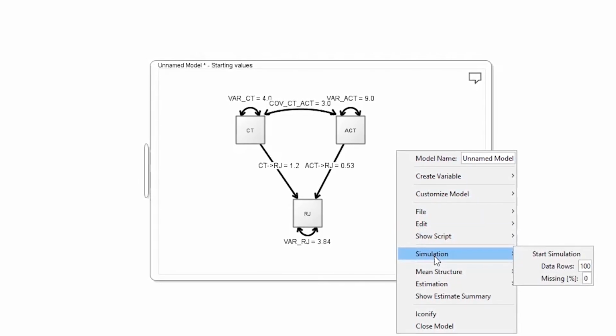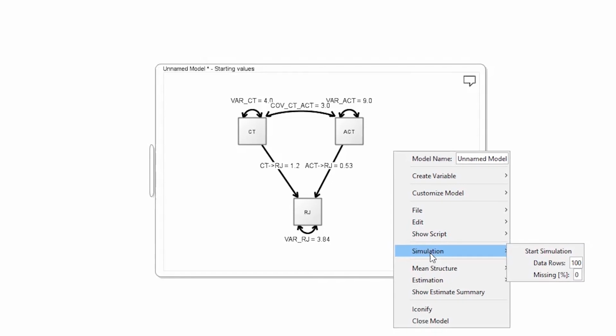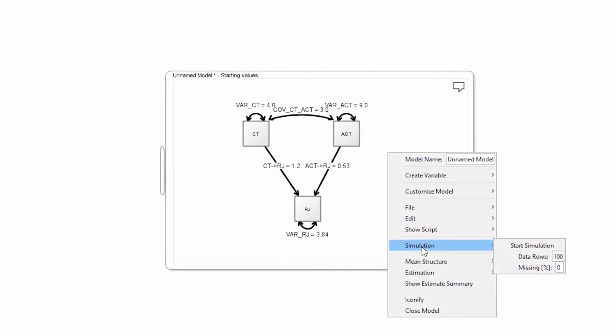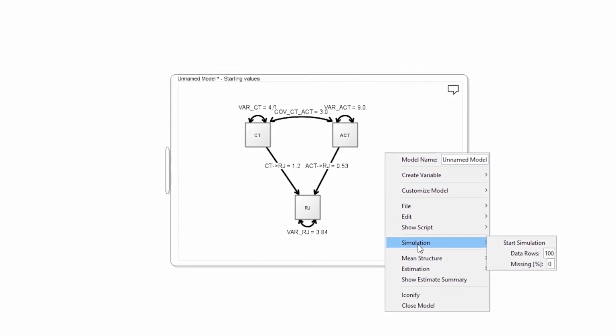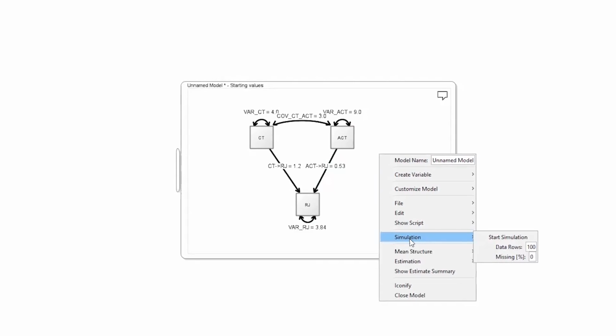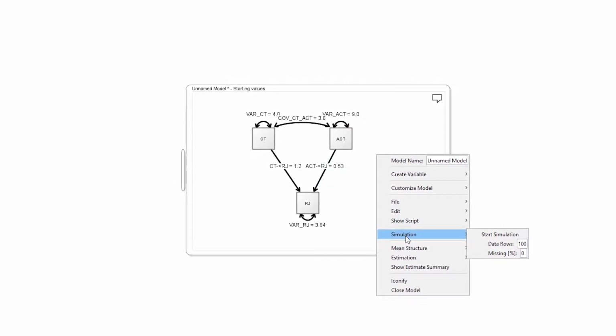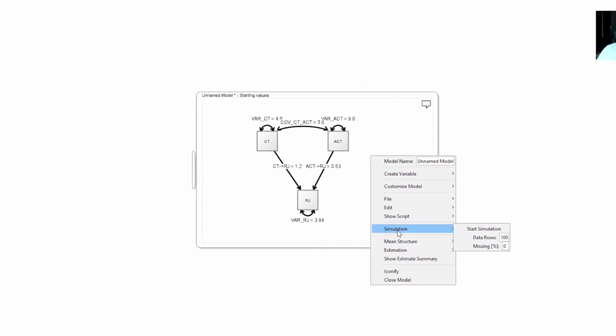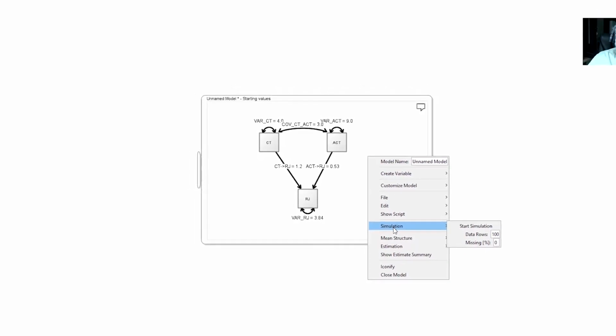You'll notice that it says I can simulate 100 rows of data, and I can also specify the proportion of missing data. That's kind of handy if you know you're not going to get complete data. You can say, what will my data look like if I have only half of it not missing.